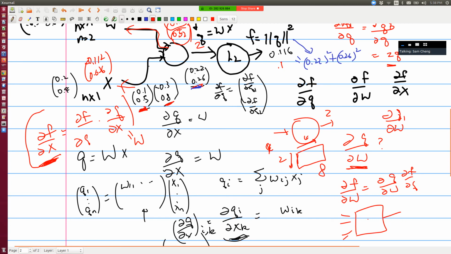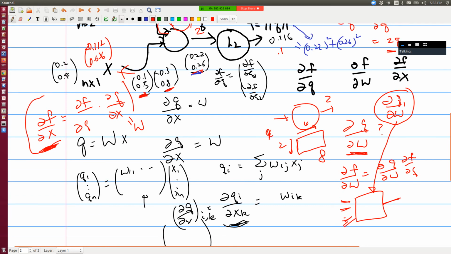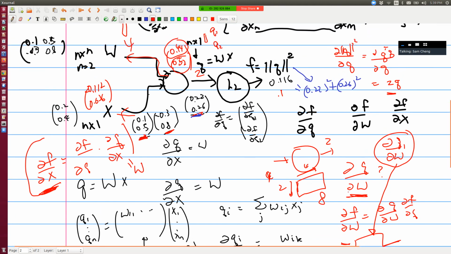The Jacobian of this many inputs and one output has a size equal to the size of the input, which is basically W.